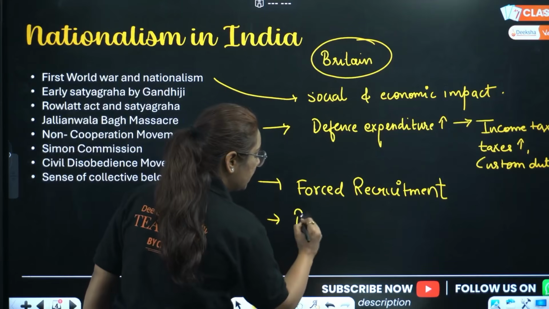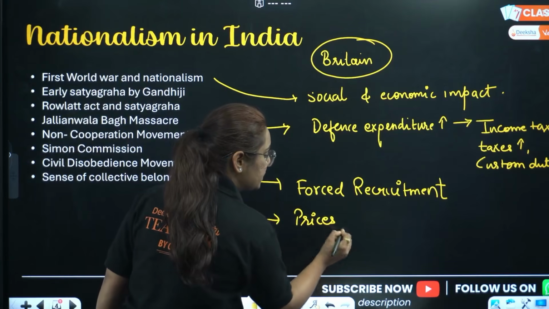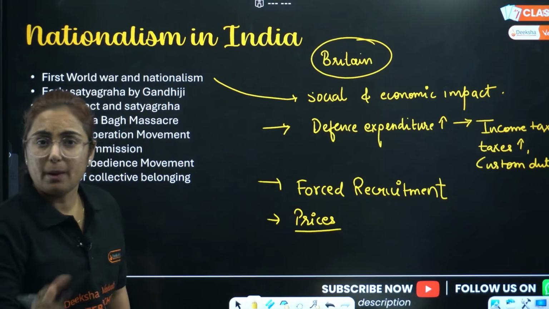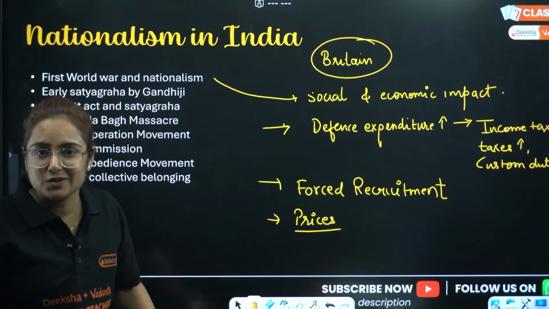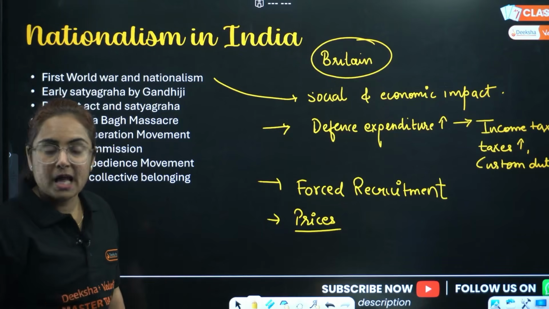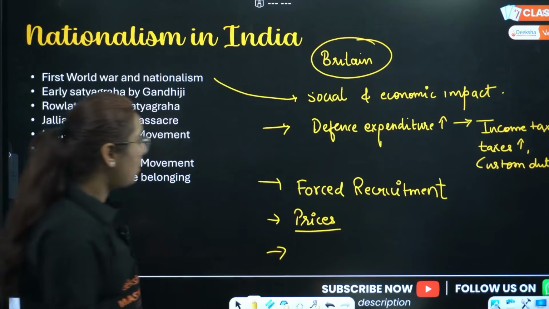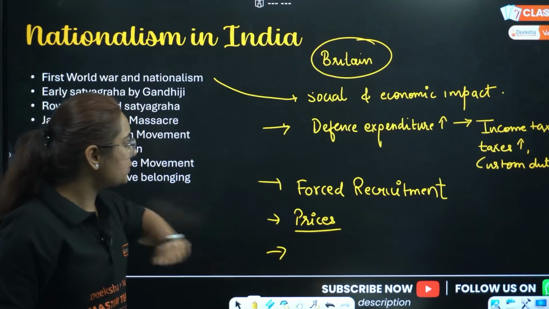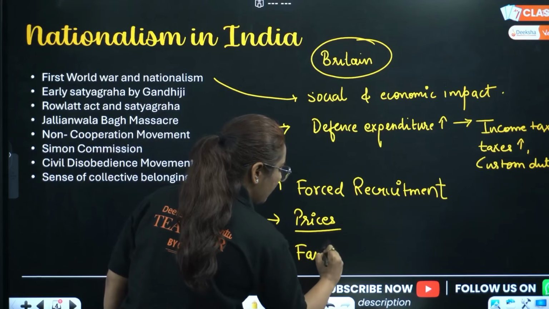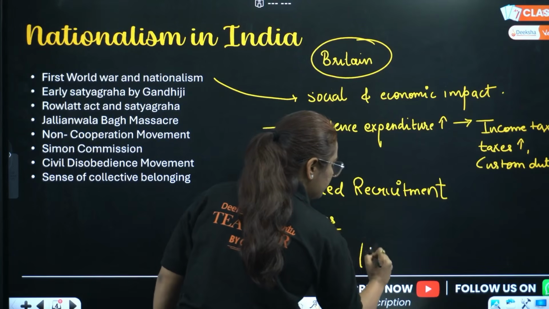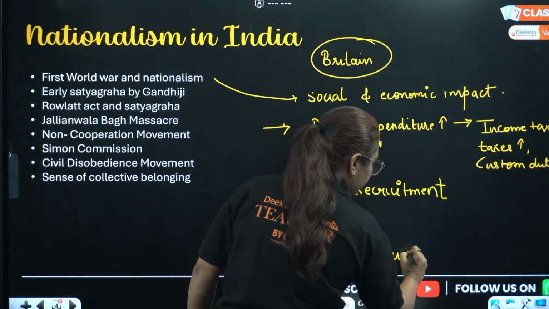During this time, the prices were increased, right? The prices were doubled between 1913 and 1980, and that was a disaster for the people of India. Then, more points: defense expenditure, forced recruitment, prices, and there were famines. Why? Because there was drought somewhere, right?